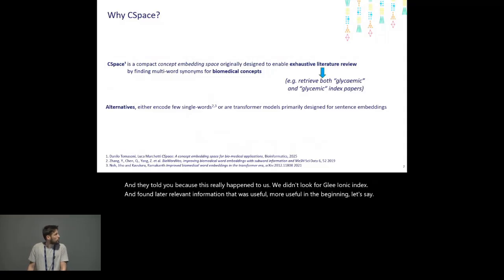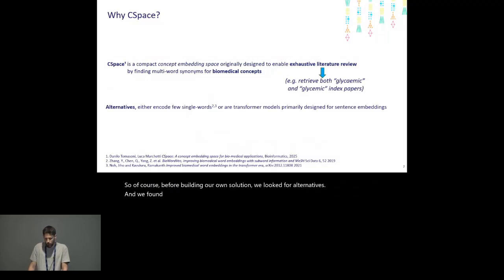So, of course, before building our own solution, we looked for alternatives. And we found some alternatives based on Word2Vec that are quite old, but are not well suited for our task because they encode single words, while often biomedical concepts are multi-word expressions, like heart failure or glycemic index.